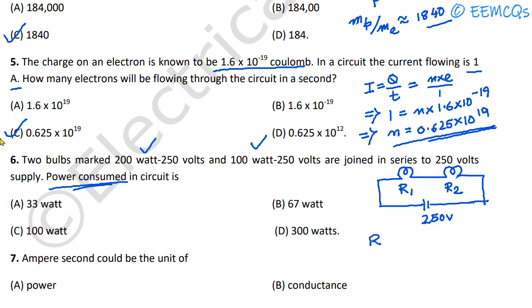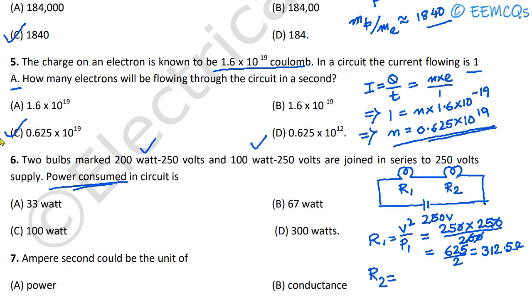So R1 is equal to V square by P1. That means this will be equal to 250 into 250 divided by 200. This will give you 625 by 2, that means 312.5 ohm. And what we will get as R2?